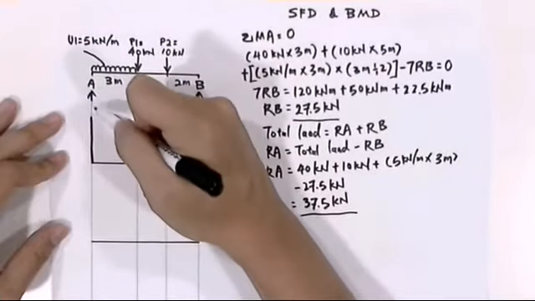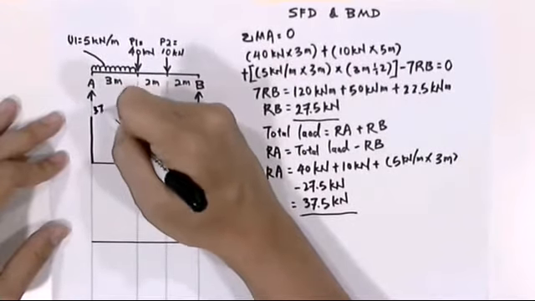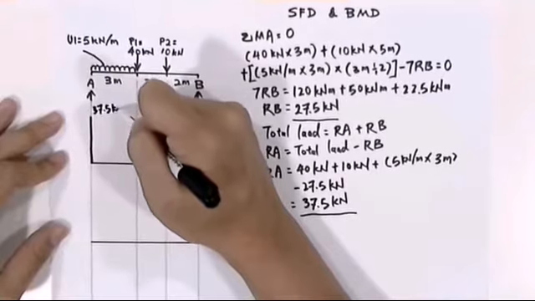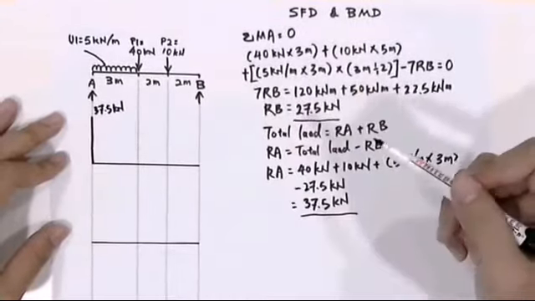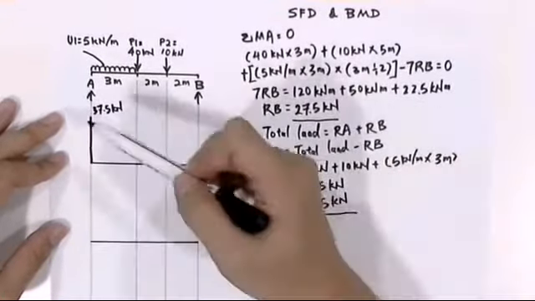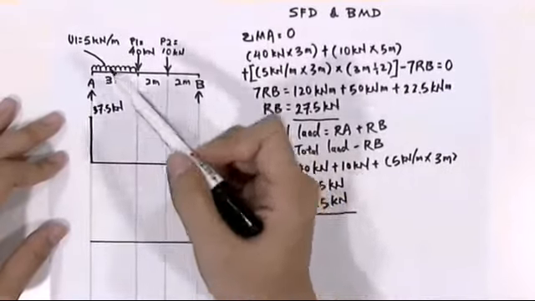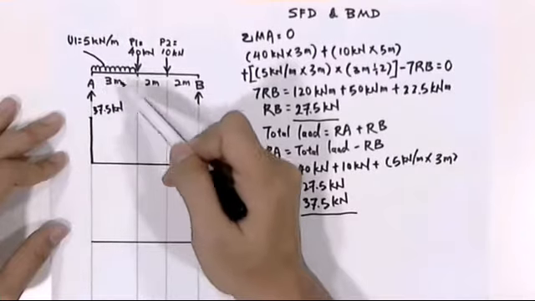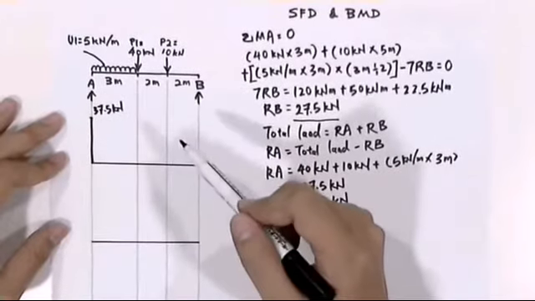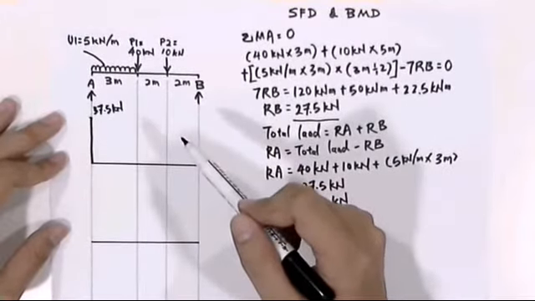Then we'll put the value 37.5 kilonewton here. What happened here is that we have a uniform load of 5 kilonewton per meter.